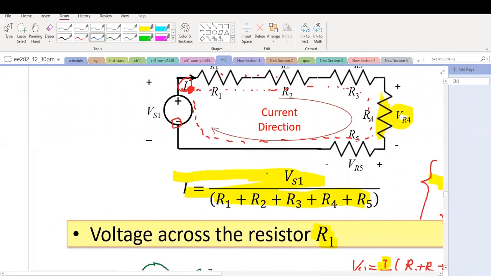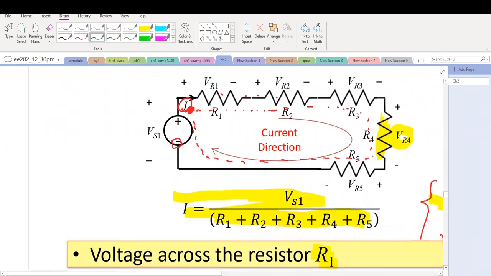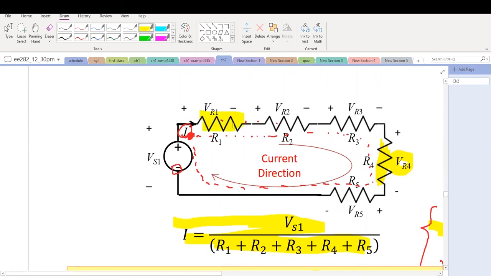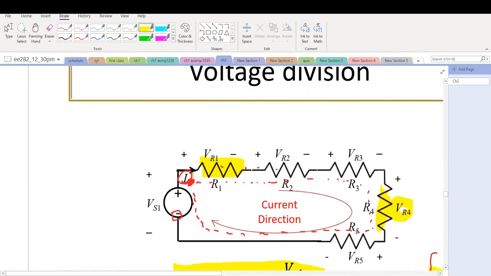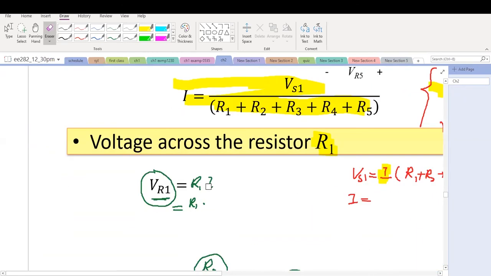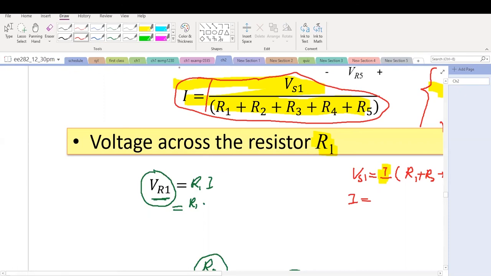To obtain the voltage on R1, this is our R1. VR1 equals, by Ohm's law, I multiplied by R1. The current is this quantity here. So we're going to just put this quantity here, everything as I highlighted here.